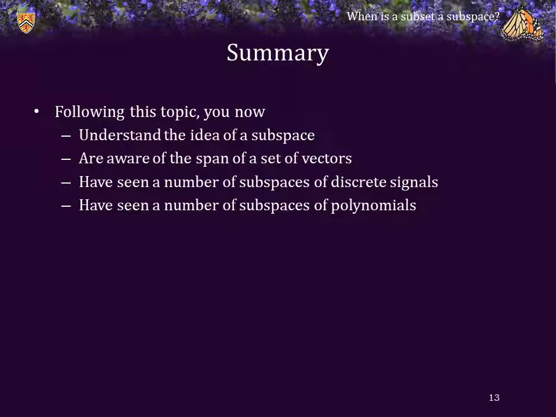However, I have also now shown you a number of subspaces of discrete signals, and in some cases you should be able to notice that it may not be possible to describe some of those subspaces as being spans of only a finite set of vectors. Similarly, you've seen a number of subspaces of the vector space of all polynomials in X with either real or complex coefficients.